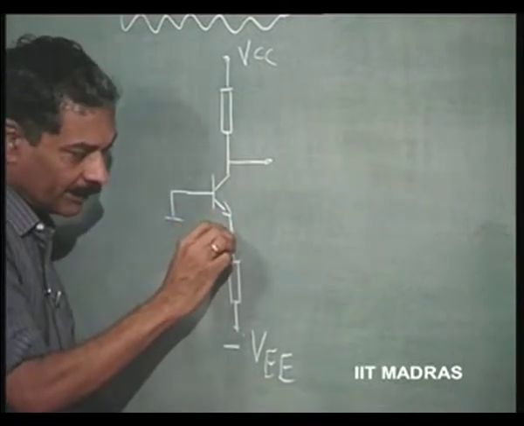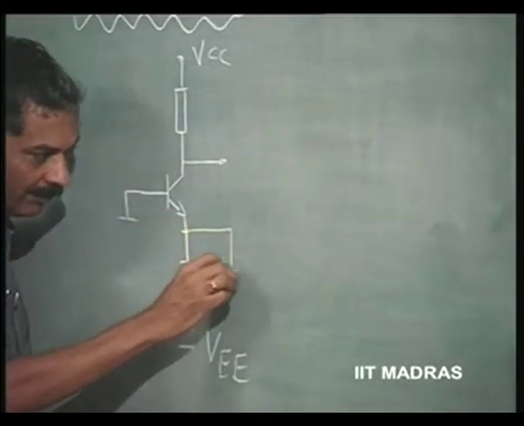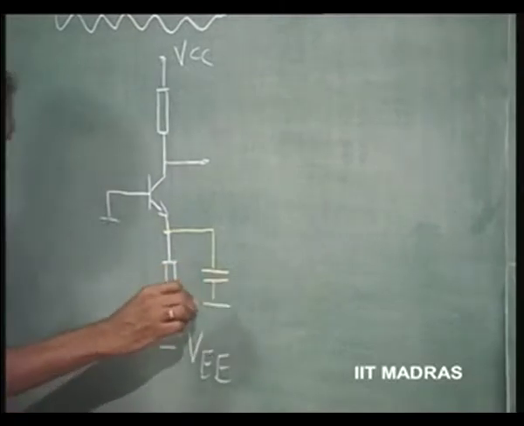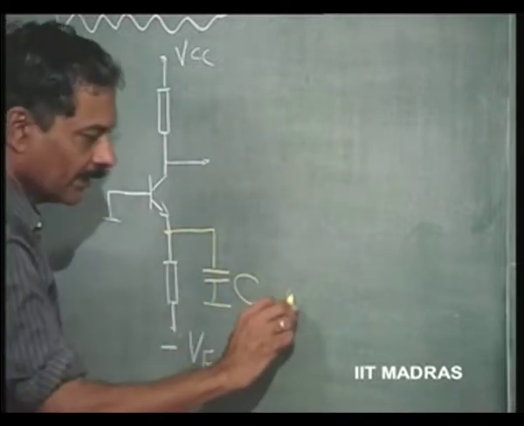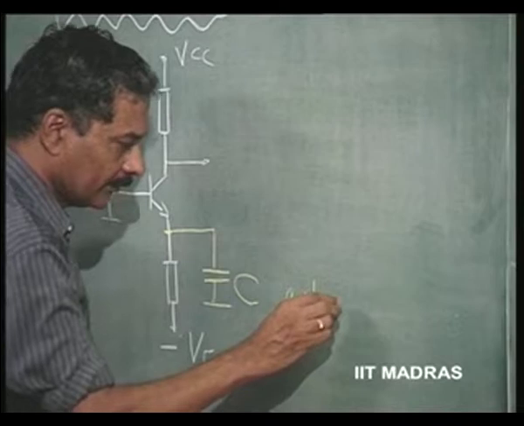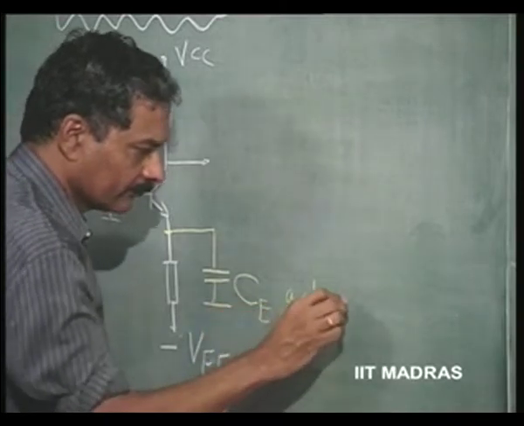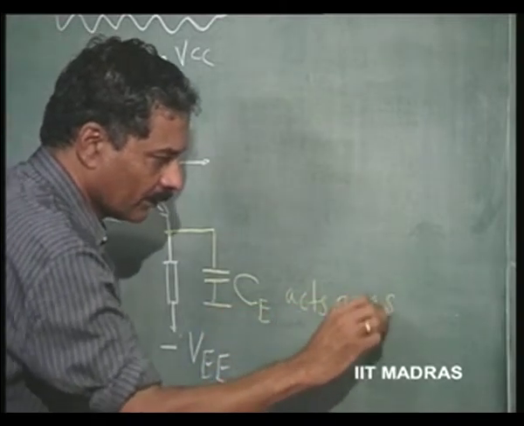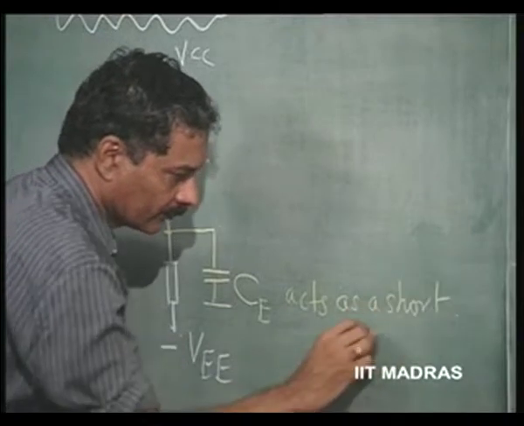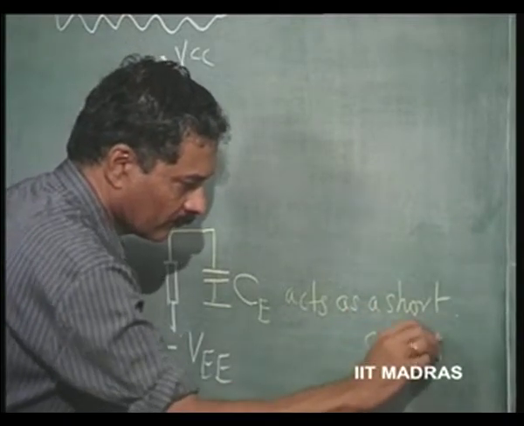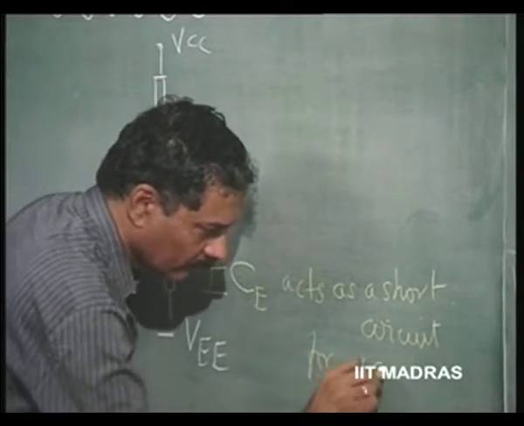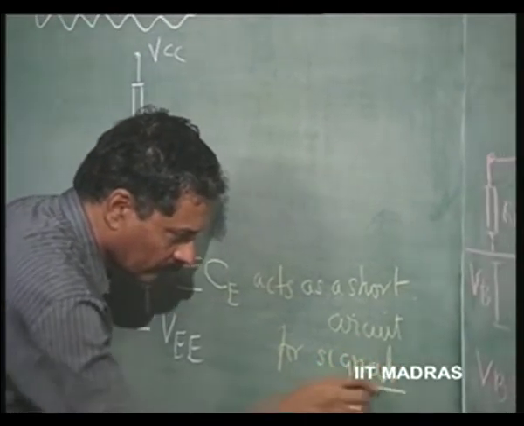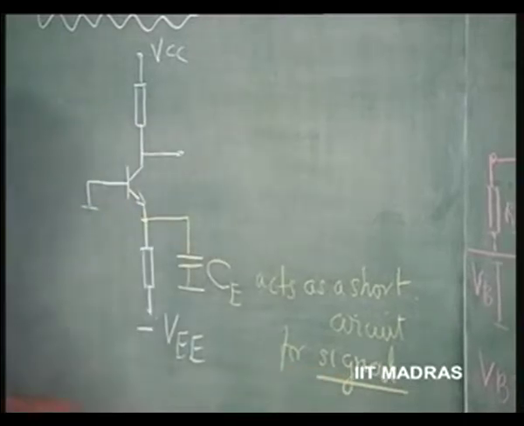For this purpose we use what is called a bypass capacitor. The capacitor for signal will act as a short circuit. For signal, capacitor acts as a short circuit.